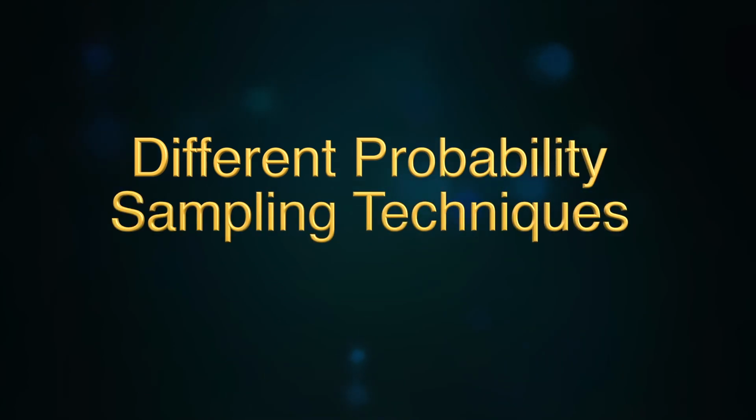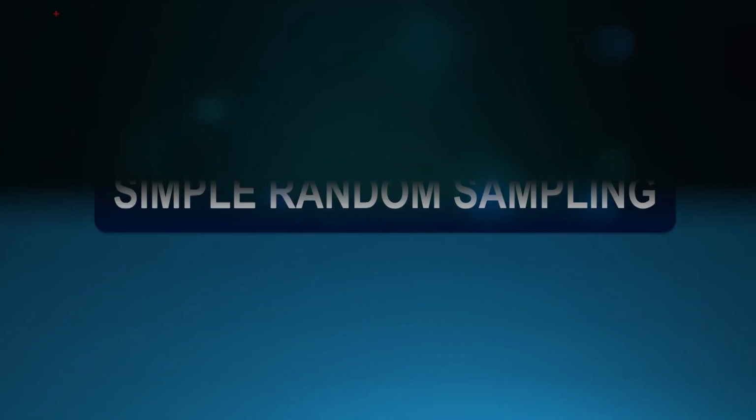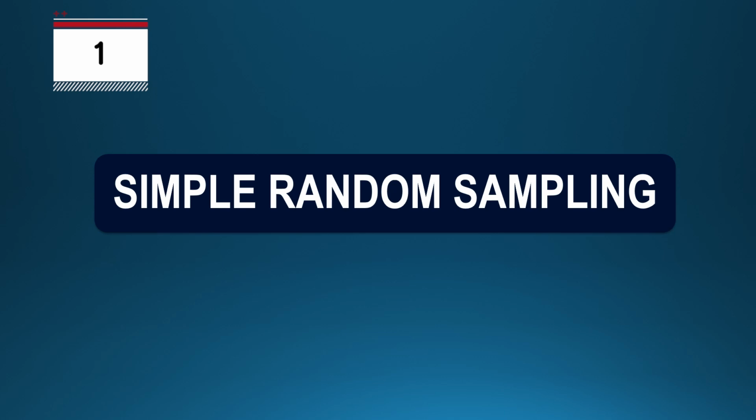For example, all the students of a class appearing for a similar examination, all students or a particular section, is considered a wider population for probability sampling. The different probability sampling techniques are as follows. The first one is the simple random sampling technique.